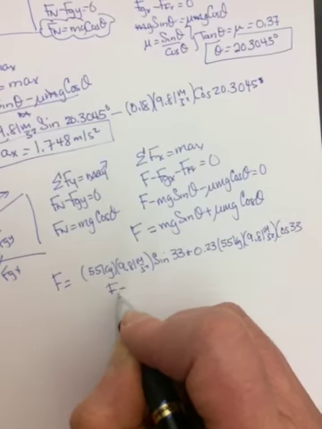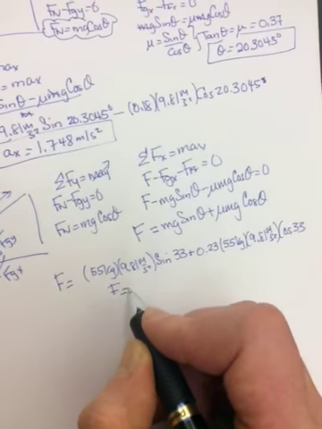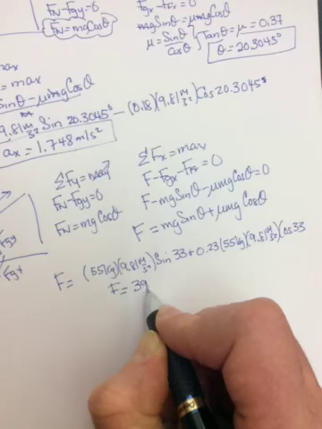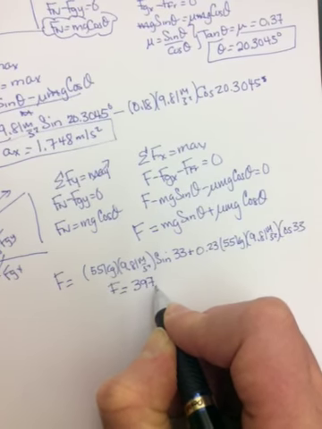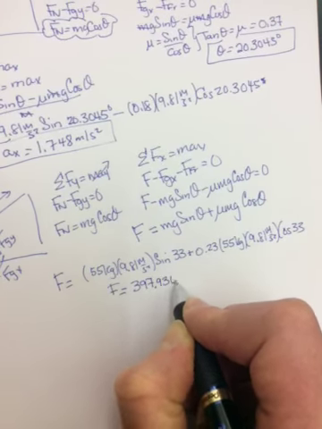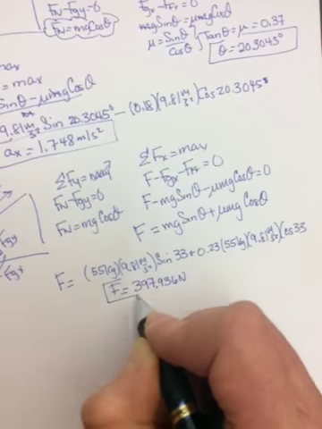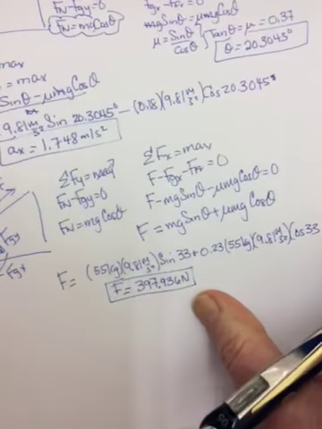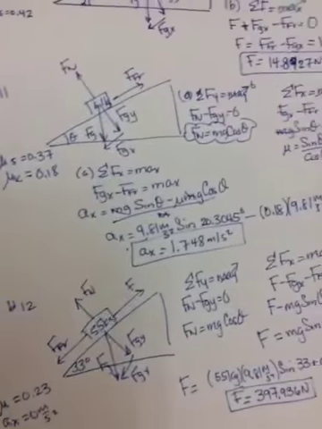And when you do this, you should get an F of 397.936 newtons. Okay?